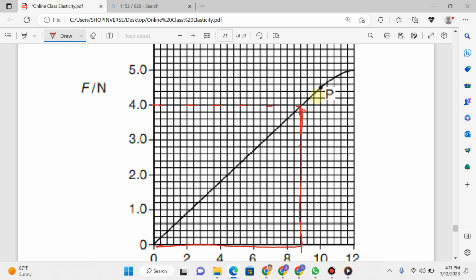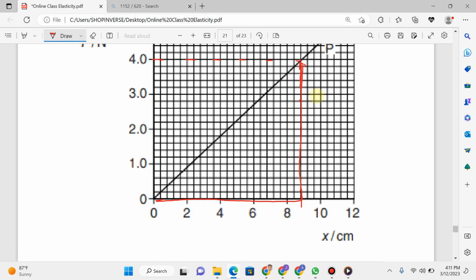Extension here is what? This is 8, 8.2, 8.4... no, each division will be 0.4.